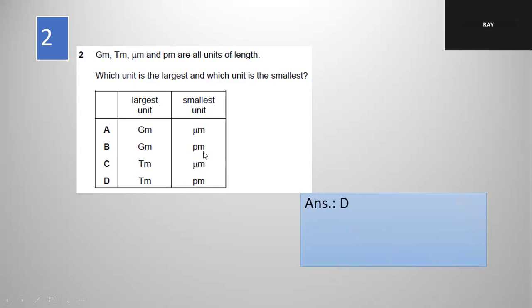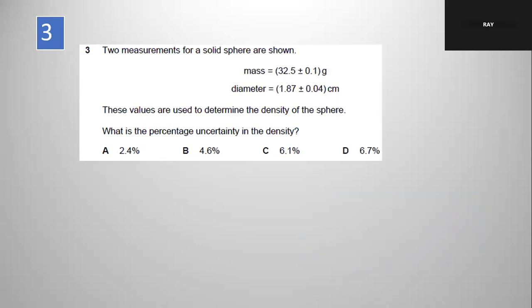Micro is 10 to the power minus 6. This one is 10 to the power 12. This is minus 12. Okay, what's the answer?